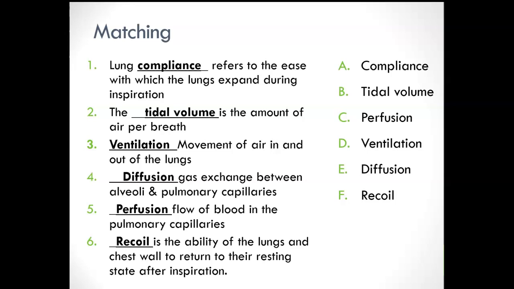Recoil is one of those things that we talk about in CPR, right? If we don't allow the chest to recoil, meaning to re-expand, we don't give it an opportunity to fully re-expand, we really diminish the amount of ventilation that's occurring, and therefore oxygenation to blood.